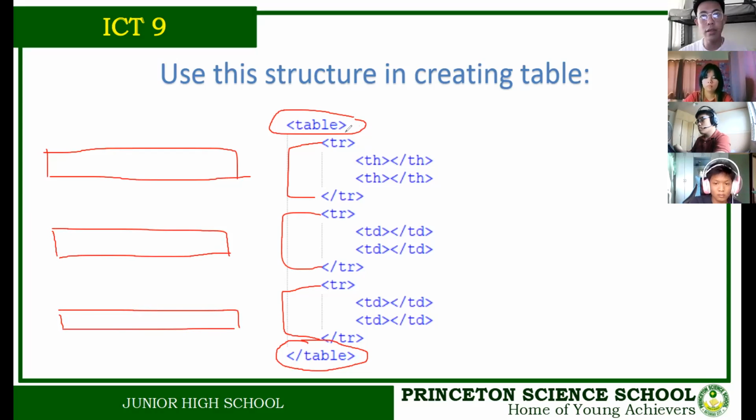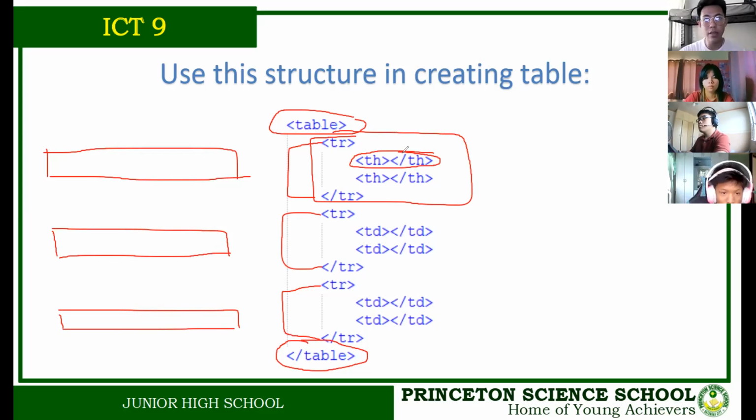And again, in the very first tr, you can see that the one inside is th. TH is for the table header, right? Because it is in the very first tr tag, we are using th or table headings for our contents inside. One of these will be one content in the row. Whatever is written here will be written in here.